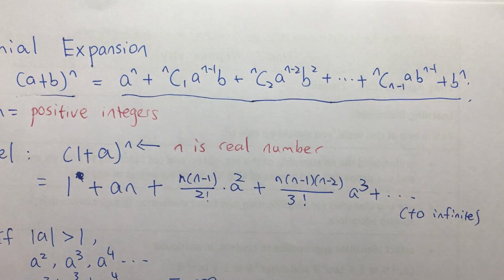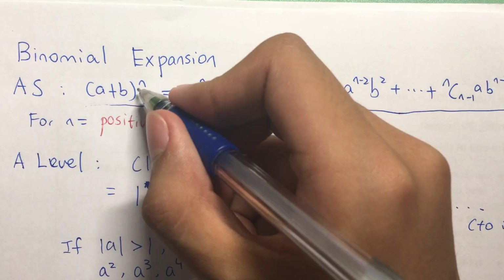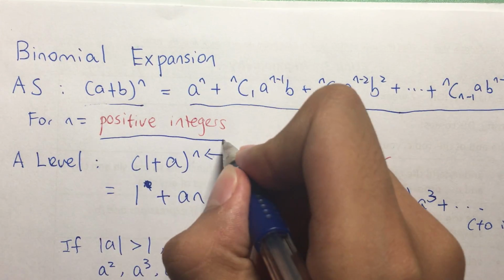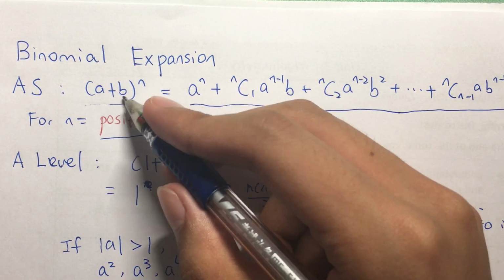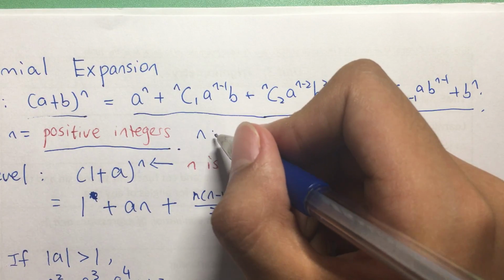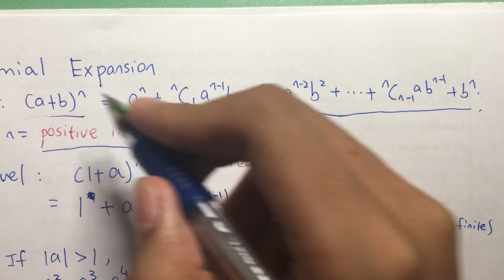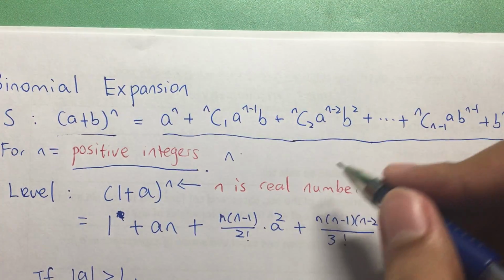However, in this case our n is always a positive integer, which means that we can't solve the case where n is a fraction or decimal by using this theorem. So we can't do this.